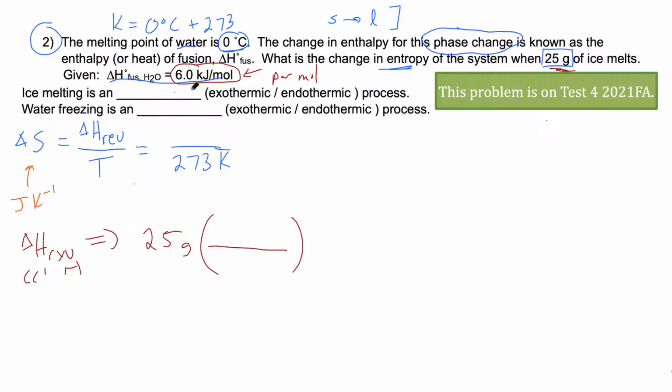I'm looking at this value here, and grams is not present in that expression. Moles is. That suggests that the first thing I want to do is calculate the number of moles in this 25 gram sample. And the way to do that is we are going to divide by the molar mass of the sample. The reason why we do that is because if we divide by the molar mass, grams cancel out and we're left with the moles.